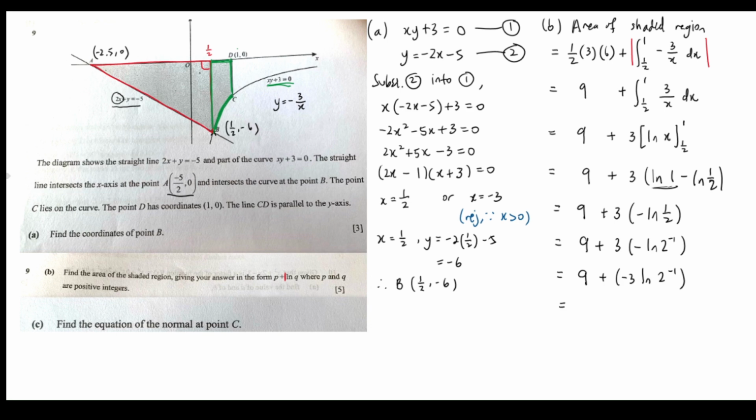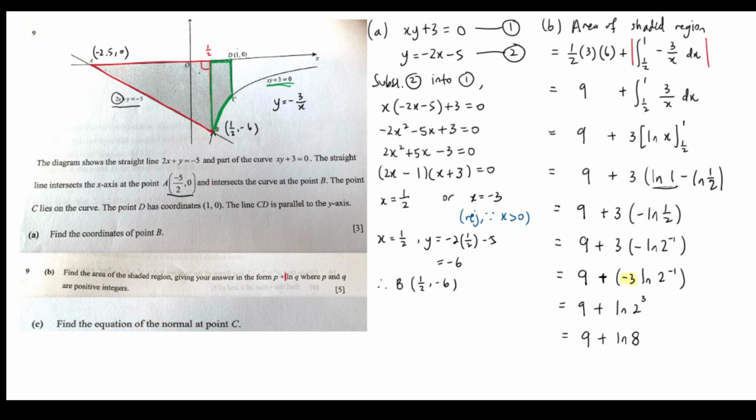So therefore, I must get rid of this negative 3 so that the coefficient of ln is 1. So it will be 9 plus this negative 3, it can become a power. So it will be ln 2 power negative 3 times negative 1, that gives me 3. So the answer for part B is 9 plus ln 8. So this actually gives you positive integer p, which is 9, positive integer q, which is 8.